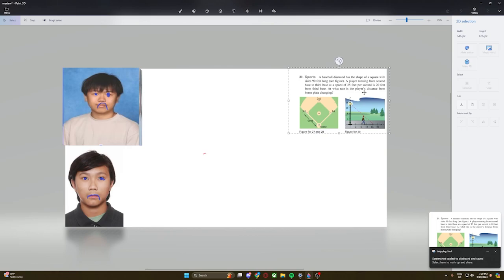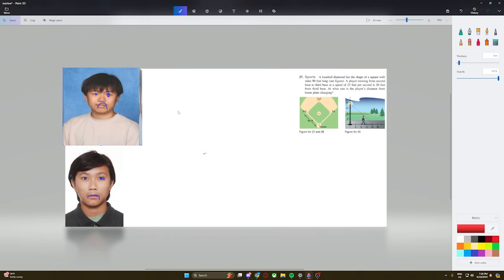Okay, last problem. I can't do this no more. We're doing the baseball one. A baseball diamond is a square with 90-foot sides. So yeah, this is 90 feet long. The player is running from second base to third base, so we're going here.